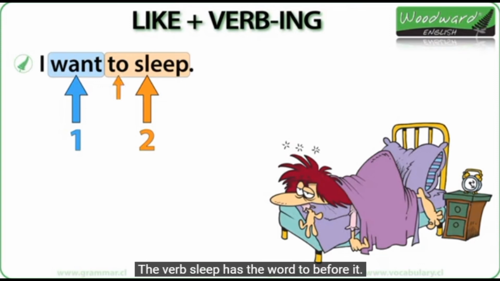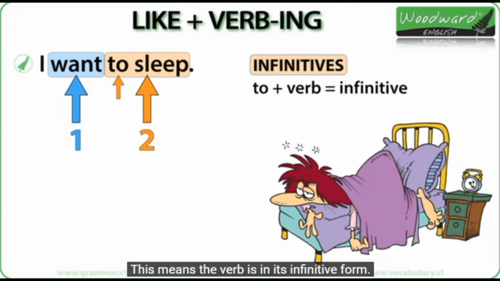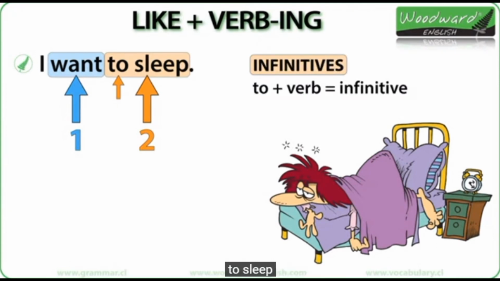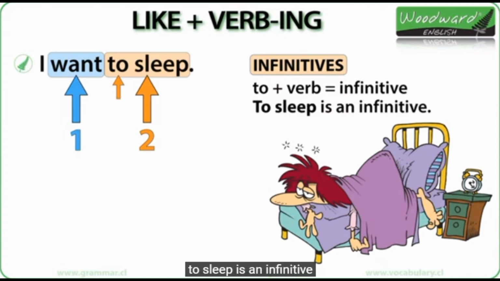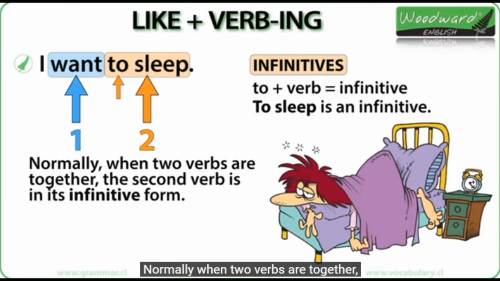The verb sleep has the word to before it. This means the verb is in its infinitive form, to sleep. To plus verb is called an infinitive. To sleep is an infinitive. Normally, when 2 verbs are together, the second verb is in its infinitive form.